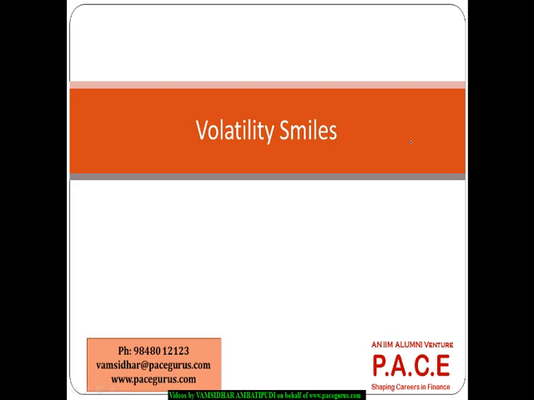Now, let's spend some time understanding the volatility smile. Conceptually, the volatility smile is a plot of volatility. It's a graph of volatility either against the strike price X, which is the most common, or we are trying to plot the volatility against various other factors which we are going to look at.